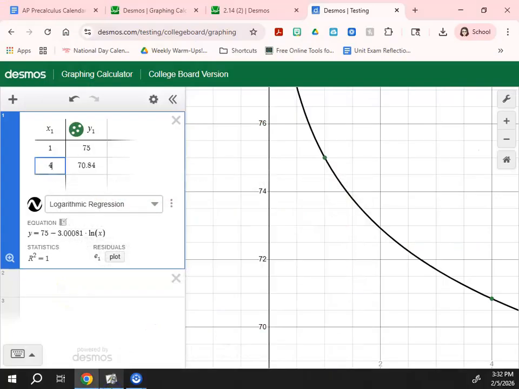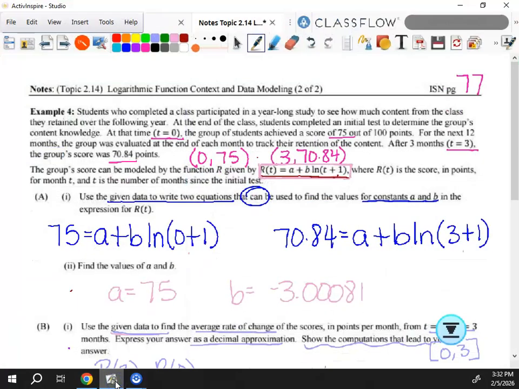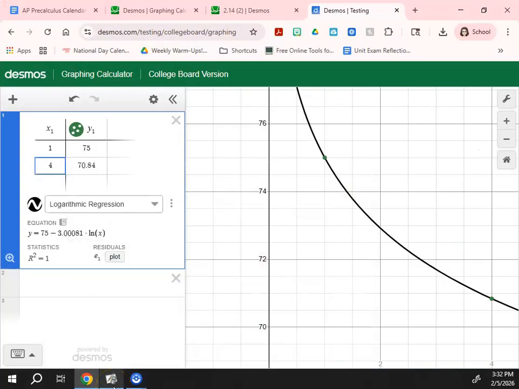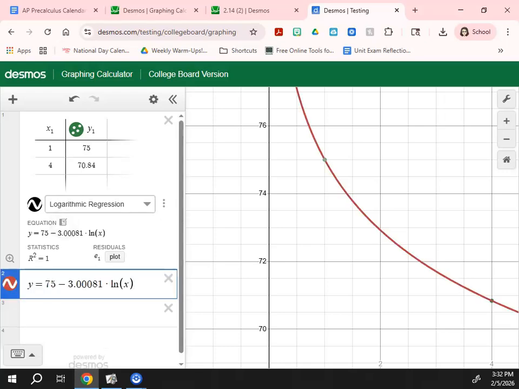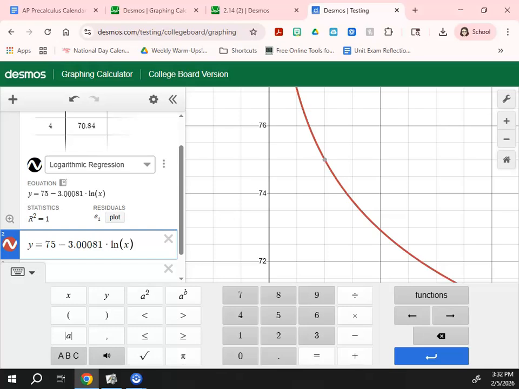But this equation is not correct because that doesn't say t plus 1, right? Plus we know our actual input of 0 should give me an output of 75. Well, this is 0, this is the y-axis, so that's 0, and clearly I don't have anything here at 75. So I'm going to take this equation, because my A and B are correct, and export it, and make this into what I want it to look like, which is actually R of t.